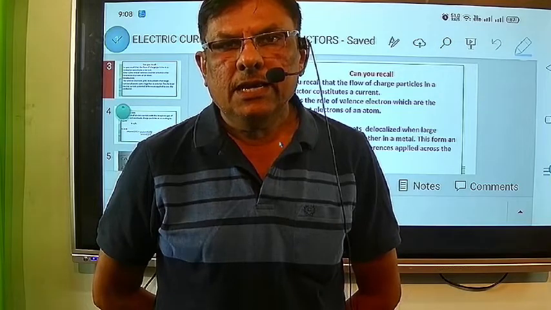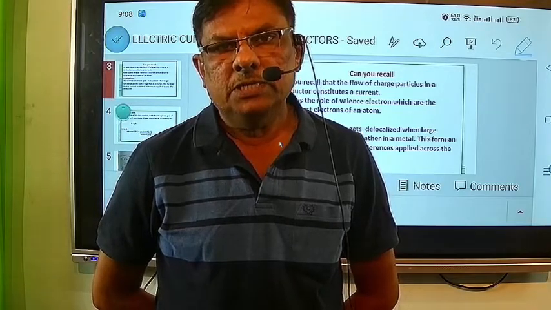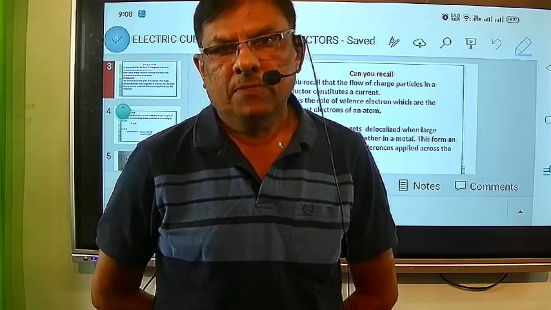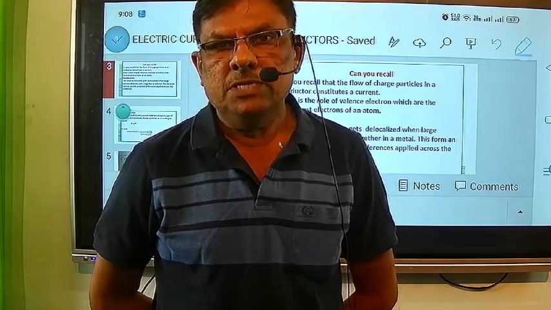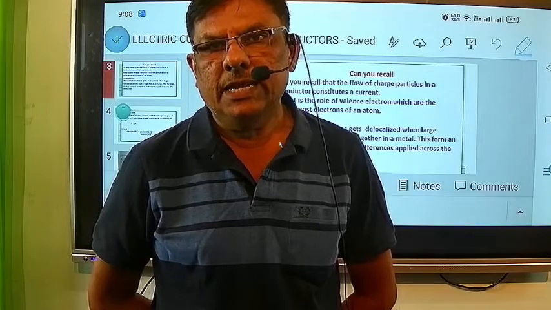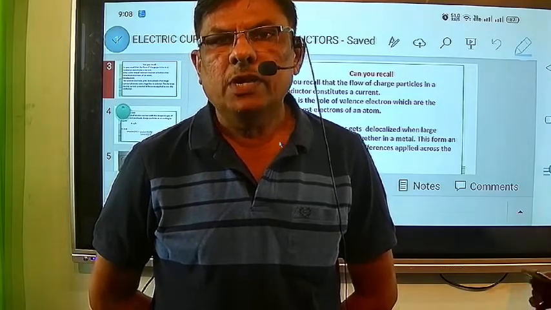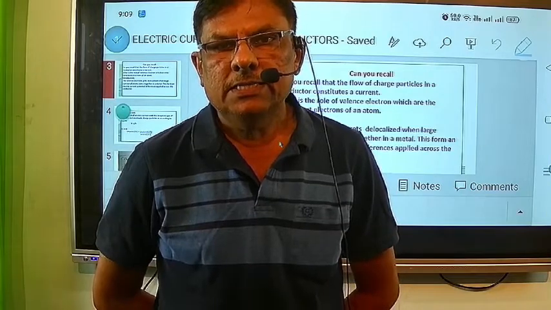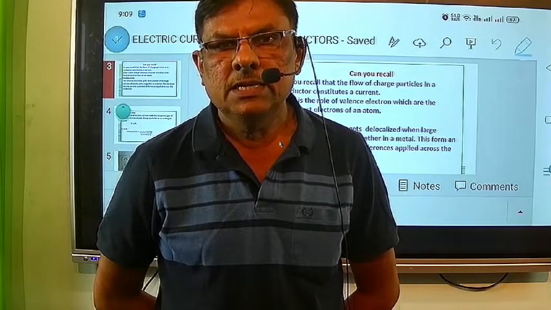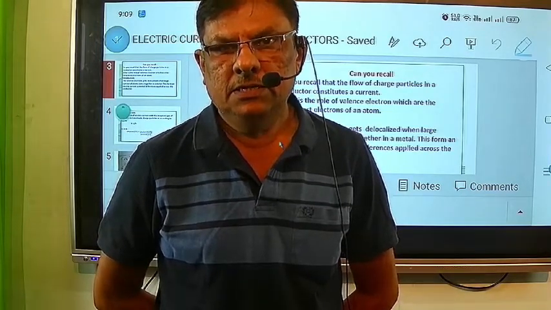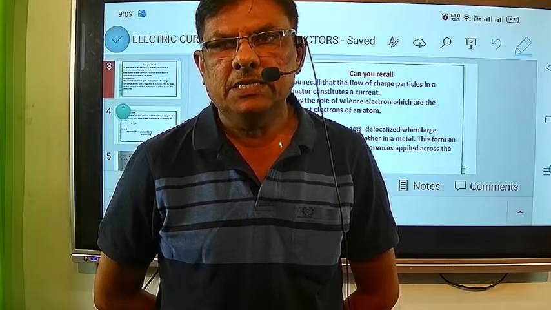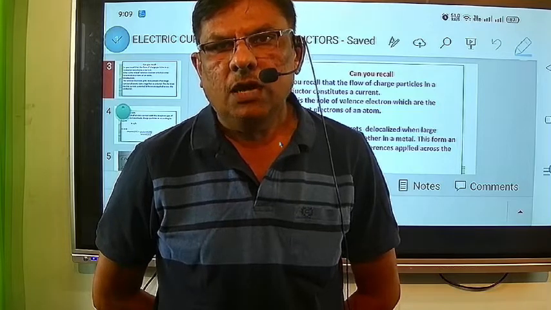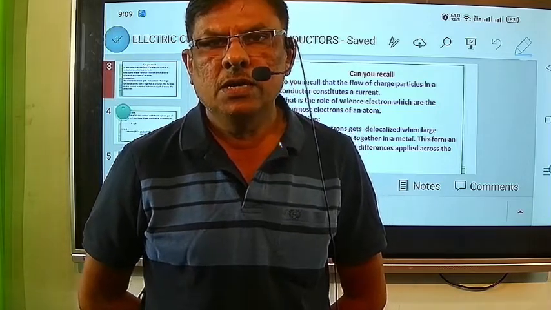Now there are a lot of atoms present in this material. So hence a lot of free electrons become available to us, and these electrons move randomly. When they move randomly, we find that the net flow of electric current is zero. How do we say that it is zero?